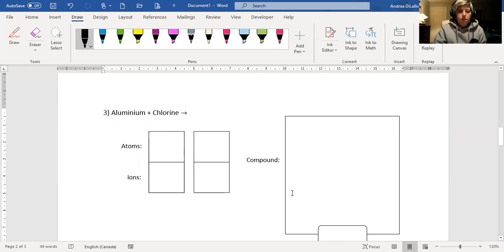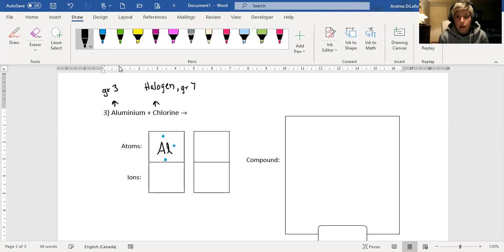So we have aluminum and we have chlorine. Looking at our periodic table, aluminum is in group 3, so it's going to have 3 valence electrons. 1, 2, 3. Chlorine is a halogen, so that is group 7.